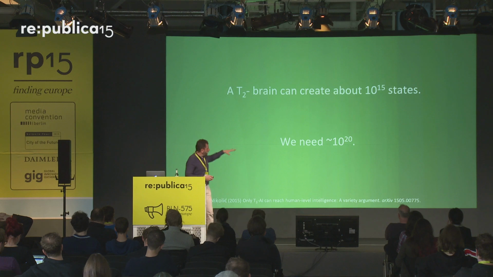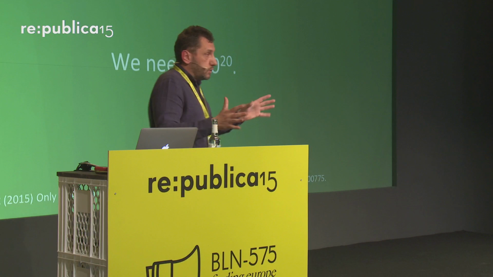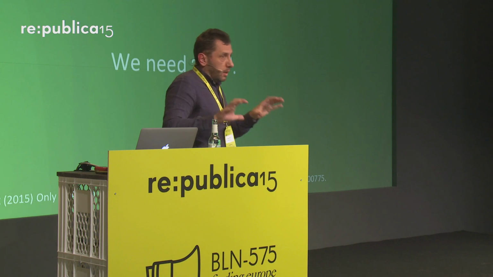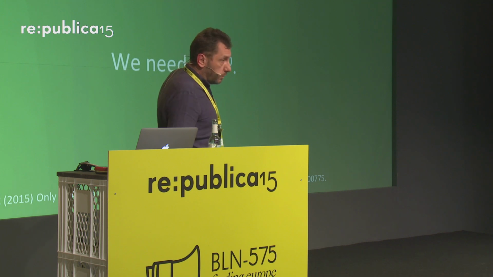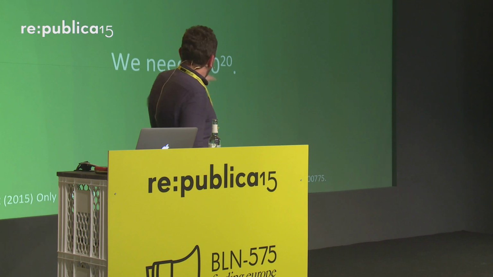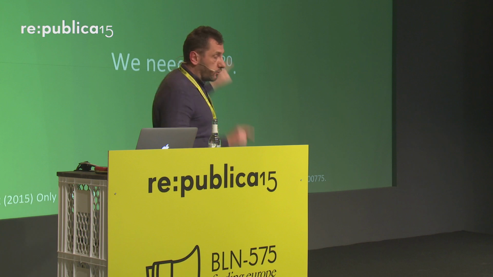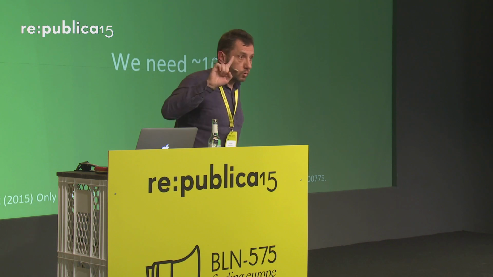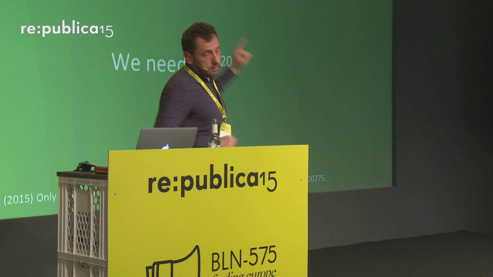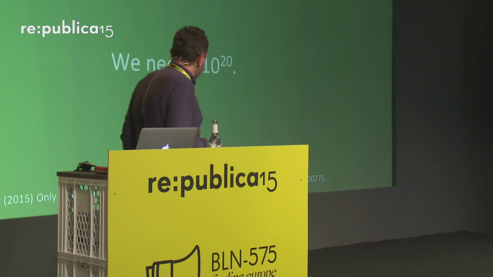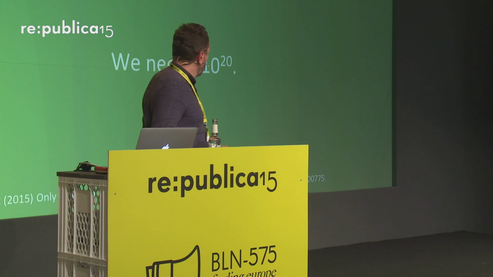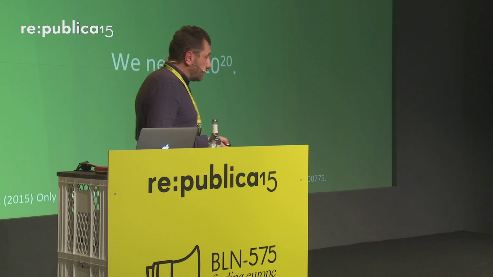And these are very optimistic and pessimistic estimates, so I made sure that I'm not subjective. So what we need is probably much bigger than 10 to the 20. And what the brain can really create, if it was a T2 agent, is less than 10 to the 15, because there must be some redundancies, noises, and so on. So we have a problem there. So how do we solve this problem?